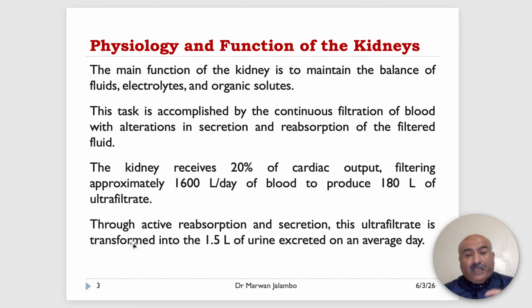Through active reabsorption and secretion, that massive volume is concentrated down to the 1.5 liters of urine the average person excretes daily. To understand how this massive filtration happens, we need to look at the microscopic level on the next slide.